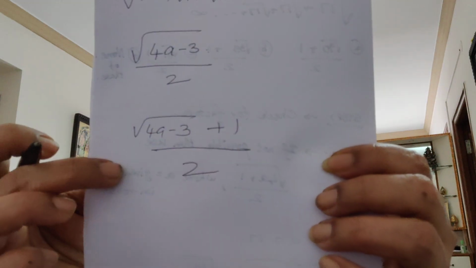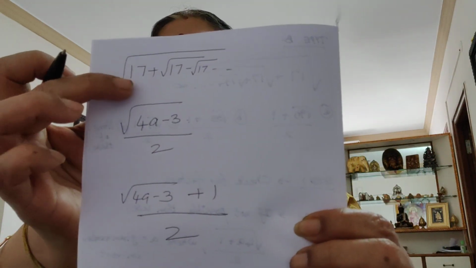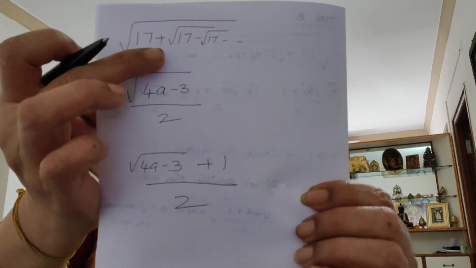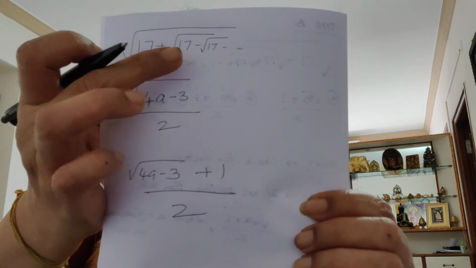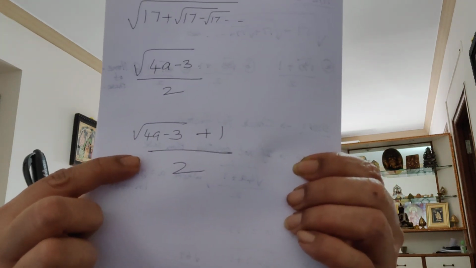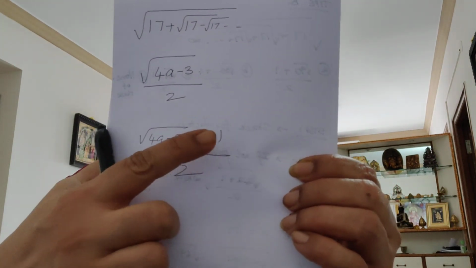So square root of 4a minus 3 plus 1 by 2. This is going to be the answer for a question which has got the plus sign as the very first sign. Suppose this were a minus sign first and then plus and then alternating. Here you will have square root of 4a minus 3 minus 1 divided by 2.